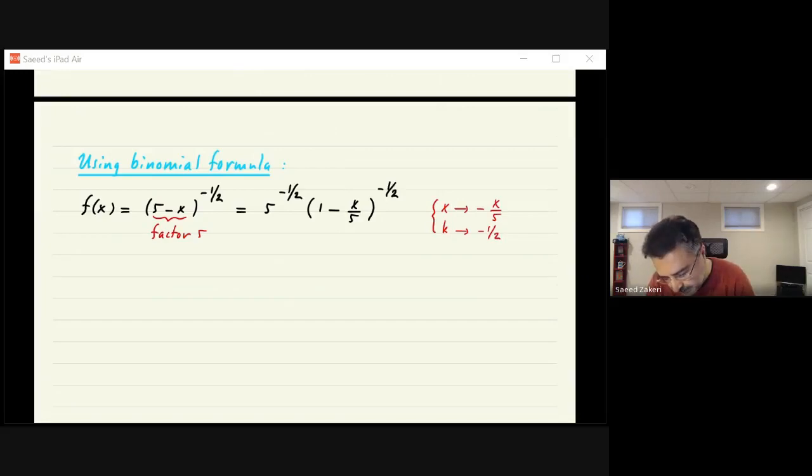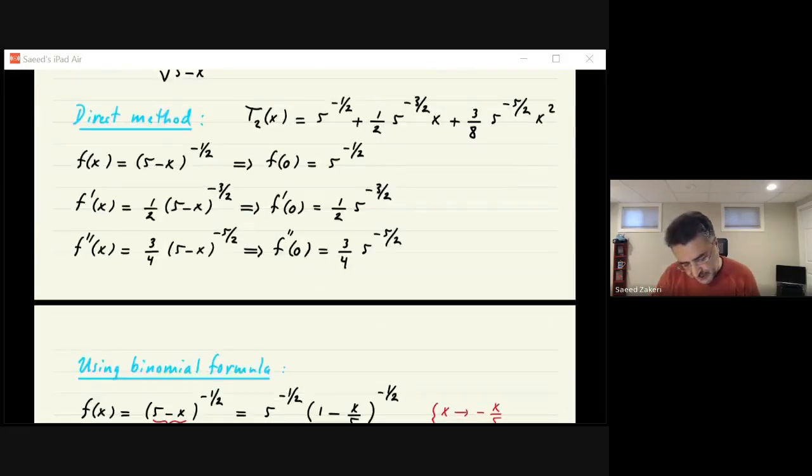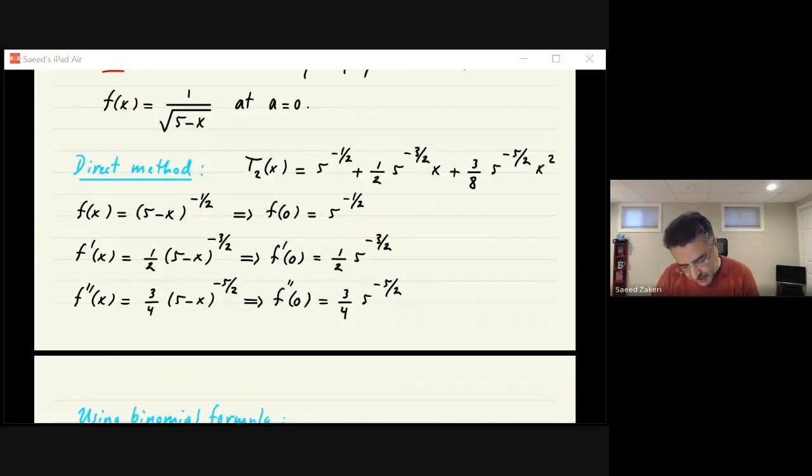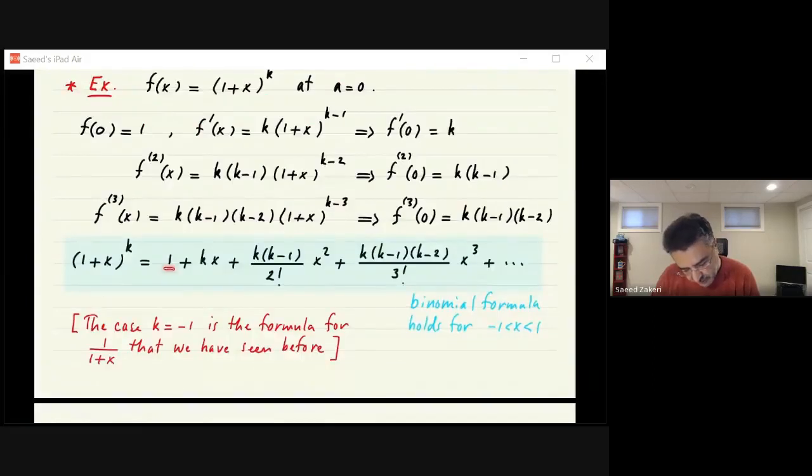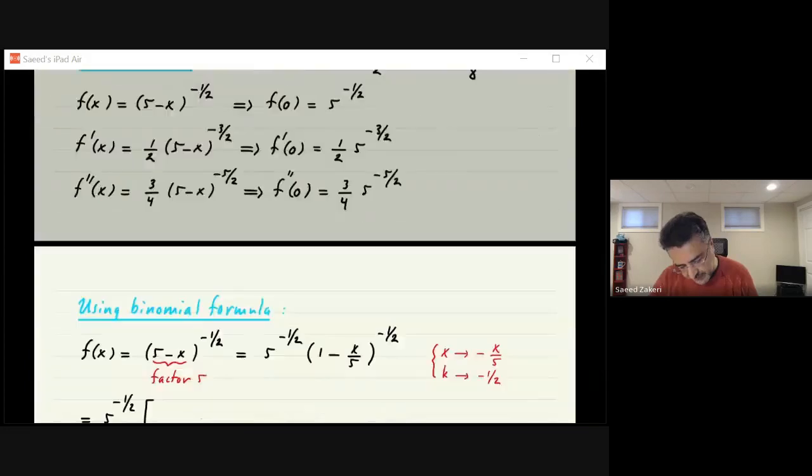So what do you get? I have 5 to the -1/2 from before. And now I'm going to expand this guy. It was 1 plus kx. You see, it starts like 1 plus kx plus k times k minus 1 over 2 x squared.